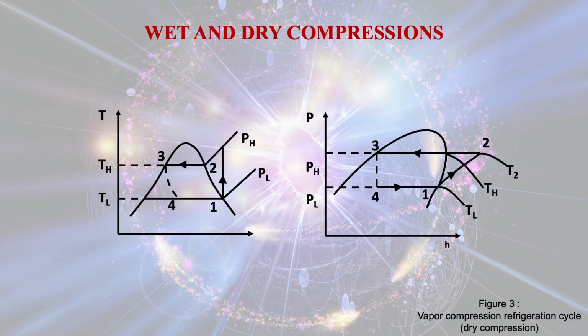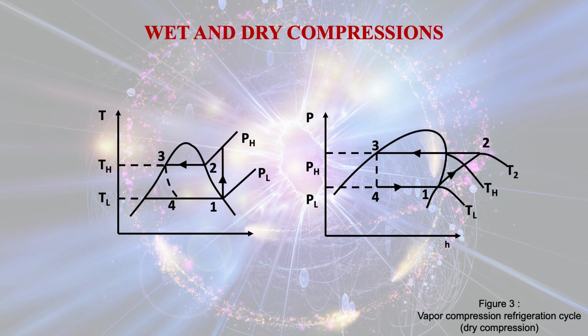Dear learners, please look at the cycle diagram for vapor compression refrigeration cycle. So this is for dry compression, because 1 is the entry point of the refrigerant in the compression. So you see that point 1 is on the saturated vapor line, so it is the case of dry compression, and 2 is the exit point of the compression process. So this is the cycle diagram.